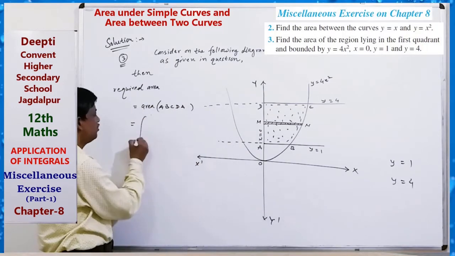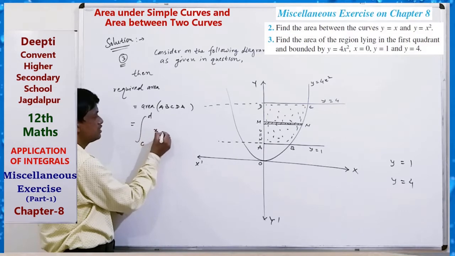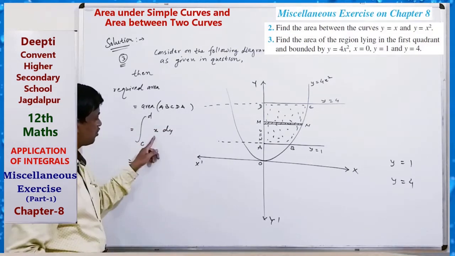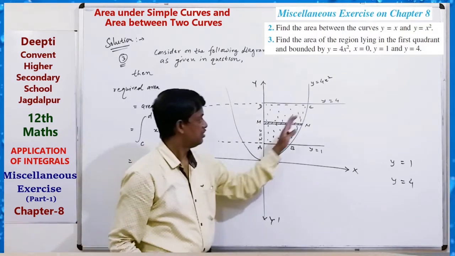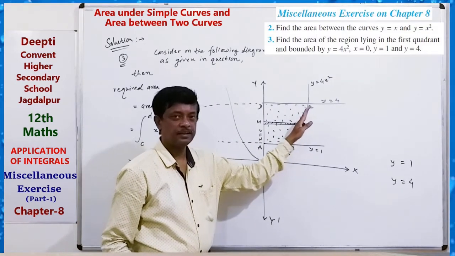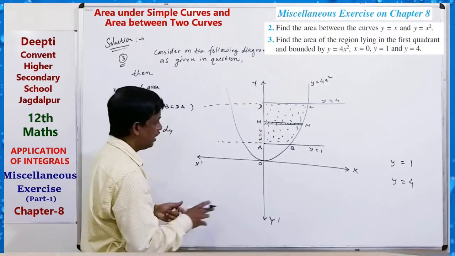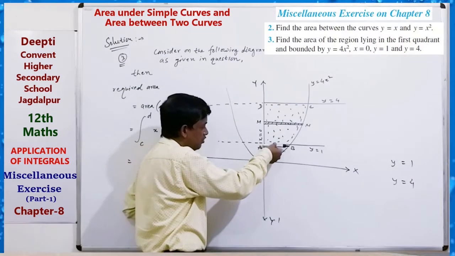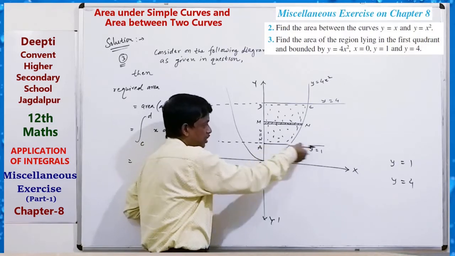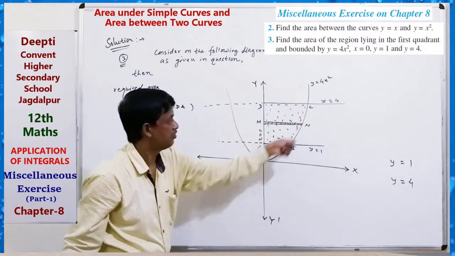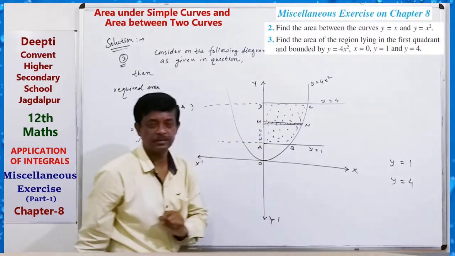So the integration from C to D of x dy. That is the value of x from here. Okay, x dy formula, and y varies from 1 to 4, and there is a single curve. The curve is this.